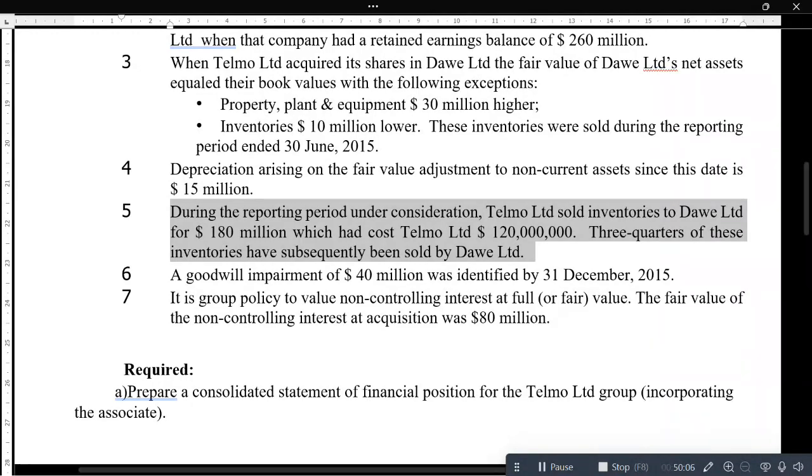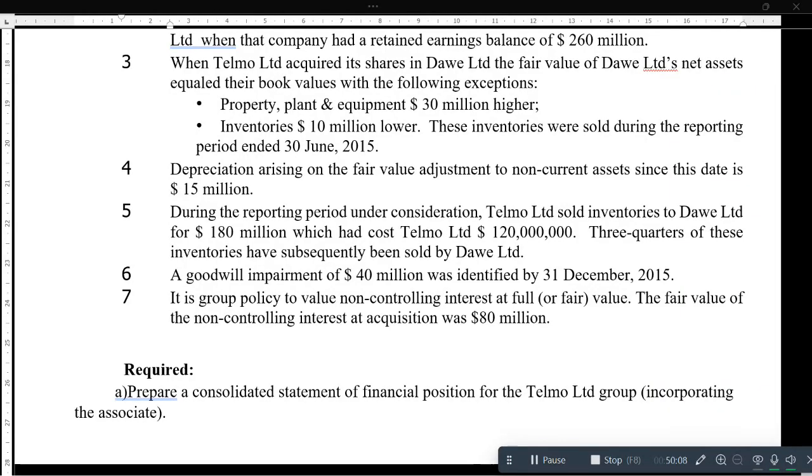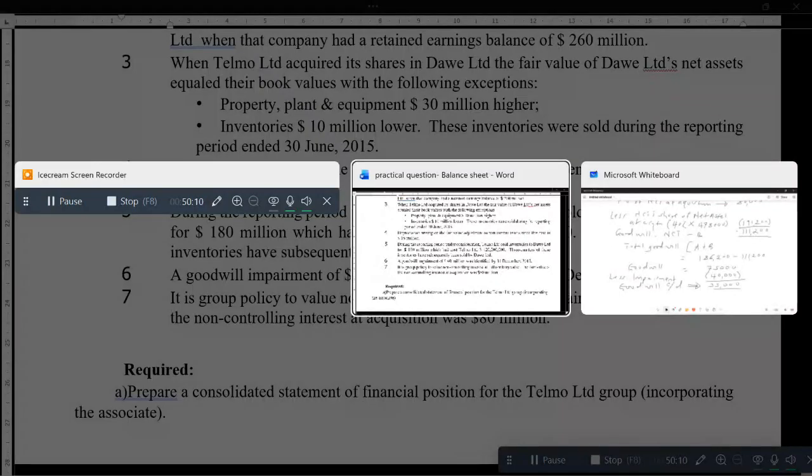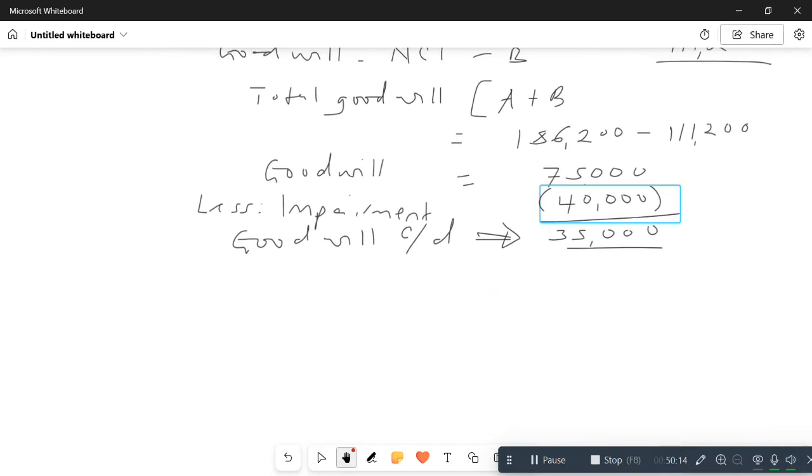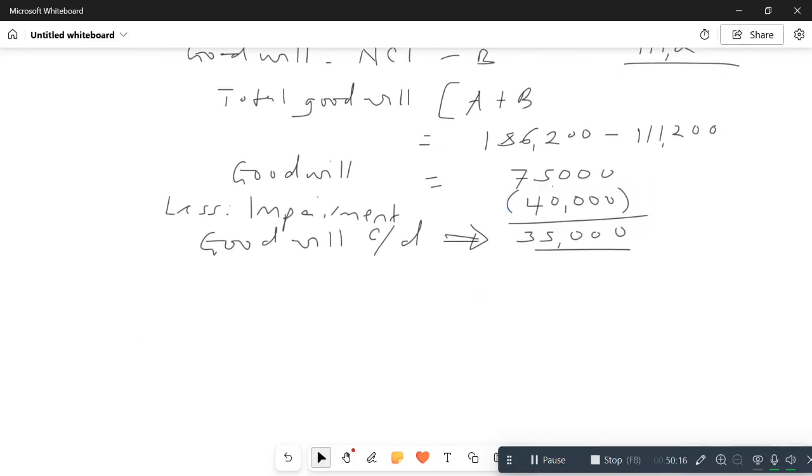Let's try to check that. All right. Step 5 is going to be intragroup transaction.